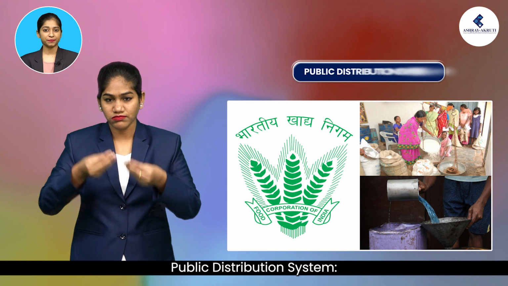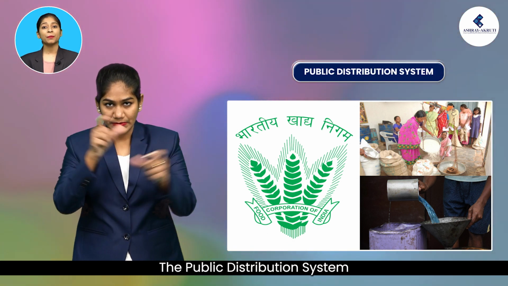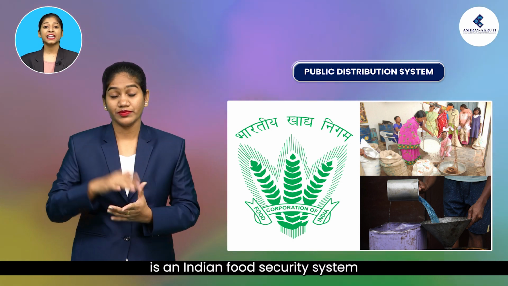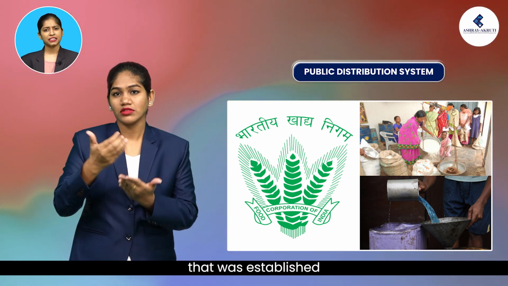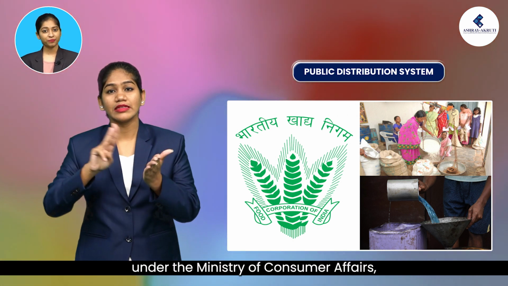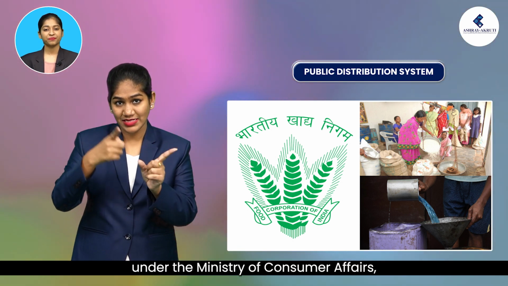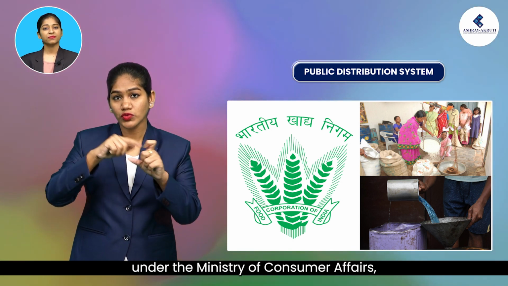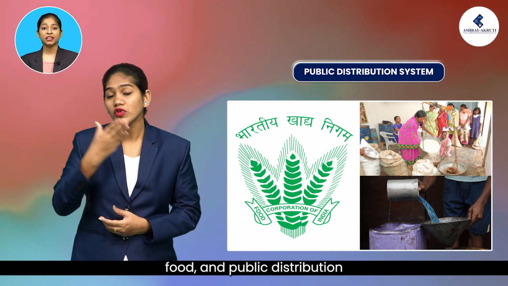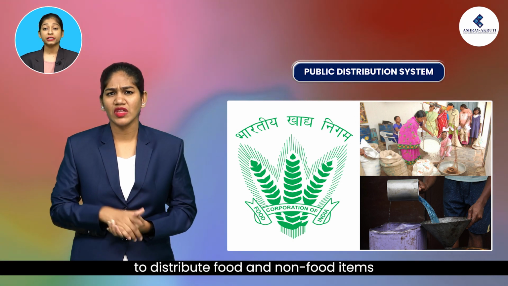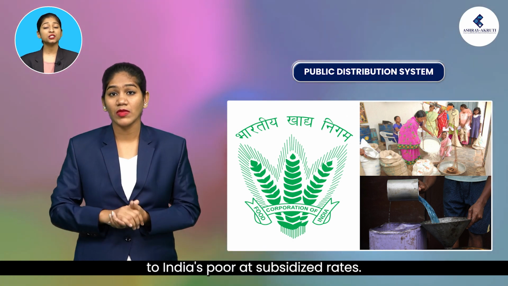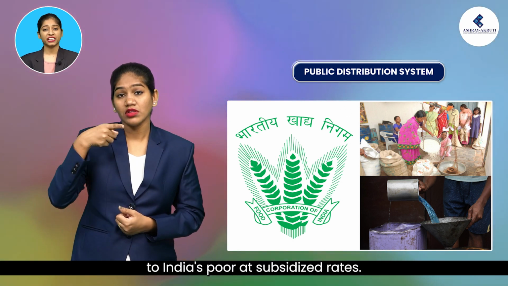Public distribution system. The Public Distribution System, or PDS, is an Indian food security system that was established by the Government of India under the Ministry of Consumer Affairs, Food and Public Distribution to distribute food and non-food items to India's poor at subsidized rates.